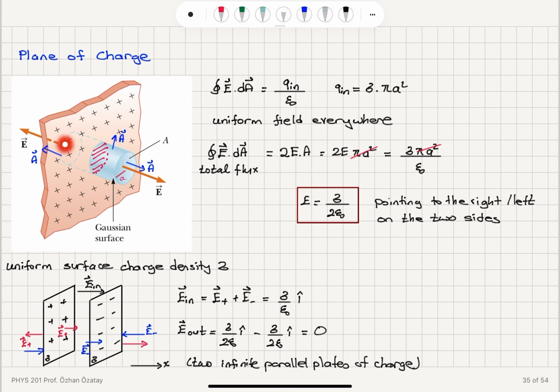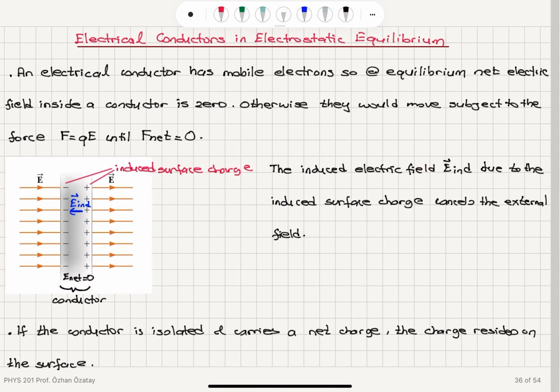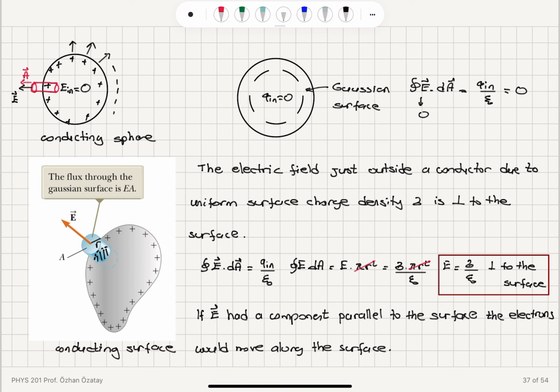Whereas in the plane of charge, we have contributions from both sides, E times A, so sigma over 2 epsilon 0. If one side was inside a conductor, that would give us 0 contribution. Therefore, we have this difference of a factor of 2 between the plane of charge and the charged conducting surface.